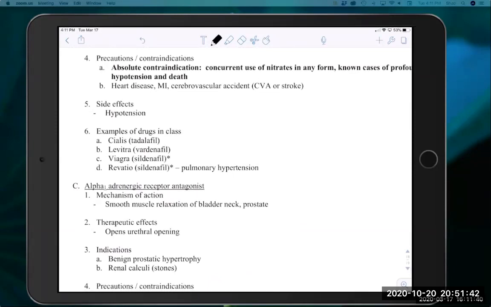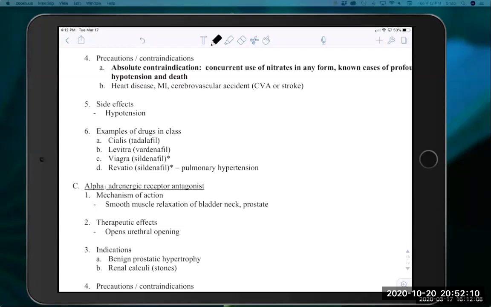Any use of nitrates in any form would be a contraindication for a patient to utilize this class because of the profound hypotension and possibility of death. If you don't remember what nitrates do, I need you to go back to cardiac and review that. Important, okay? Also contraindicated or precautions with heart disease, MI, cerebrovascular accident, or stroke. Again, review cardiac so you can correlate as to why.